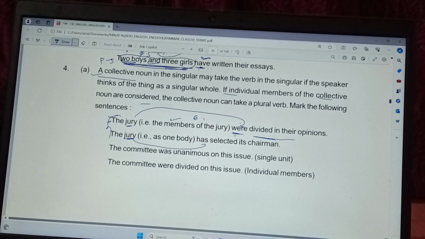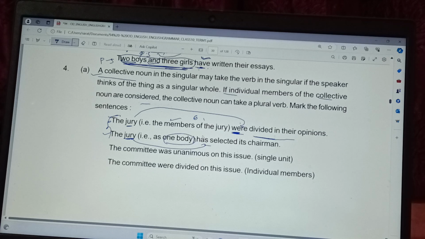So we put a plural verb. In the second one, the jury has selected its chairman. That means, guys, in this sense, all the members of the body are referred to as one body.